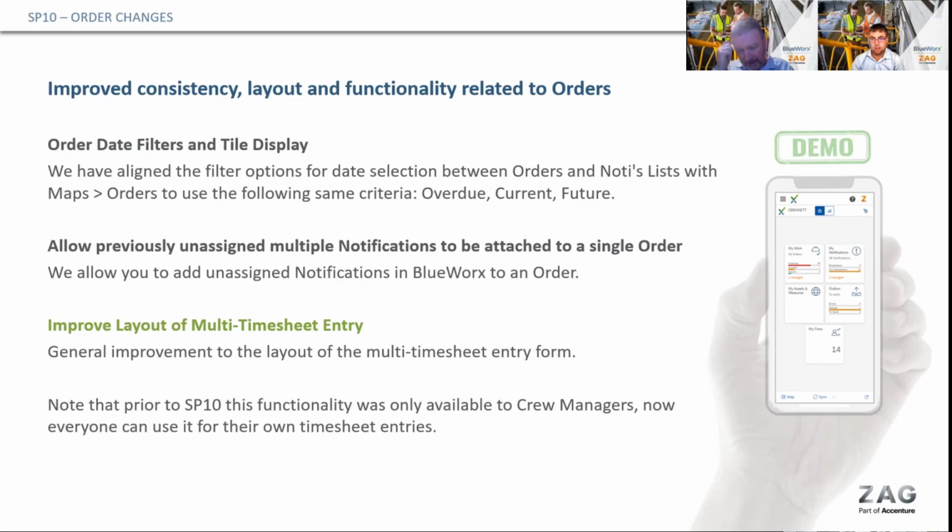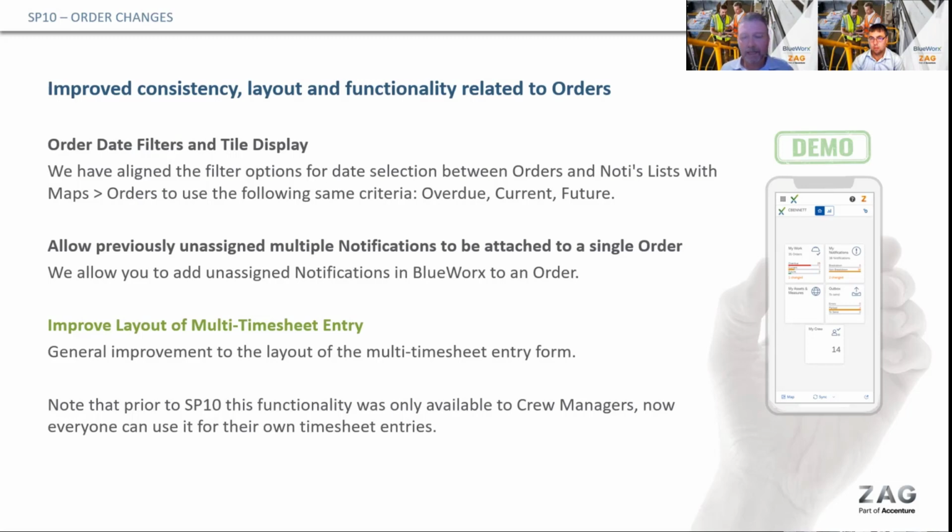I did talk about that previously in terms of the overdue, current and future work orders, and we now have that in bar graphs. We're using the same terminology for notifications as well, whereas we had some differences between those two before, and actually also work in the map area as well. So we've made those all consistent.